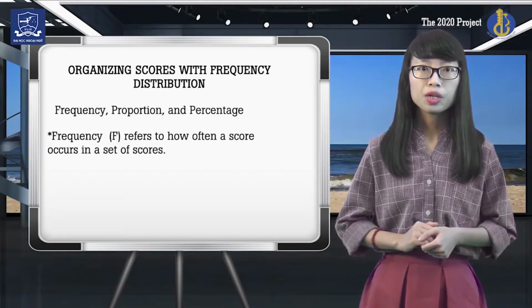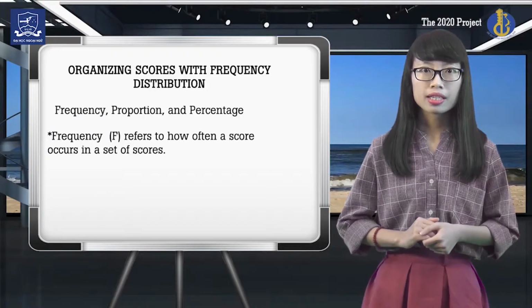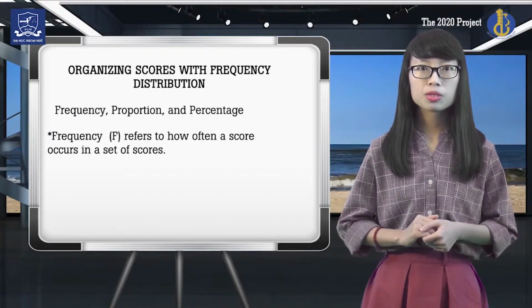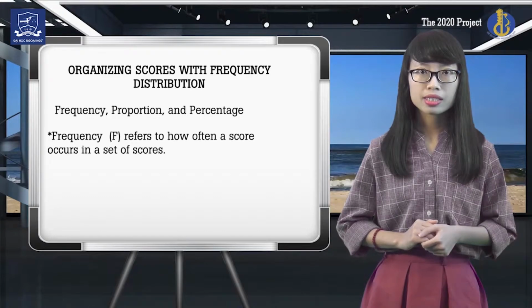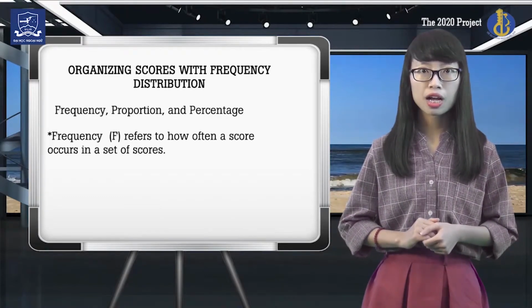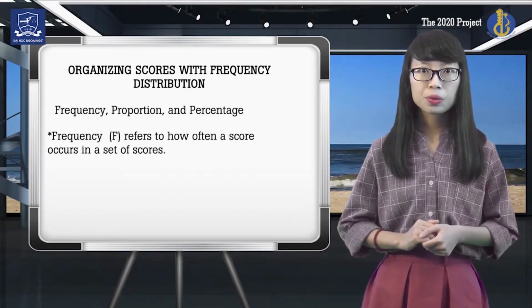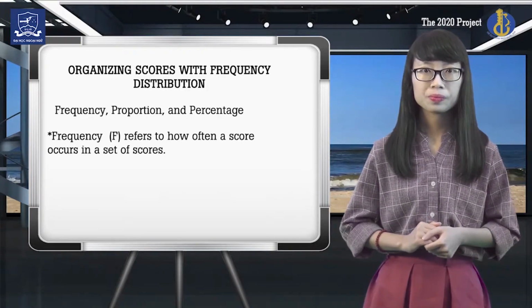For example, if you have 25 students taking a test, after giving them scores, you can calculate how many students get 0, how many of them get 5, how many of them get 8, how many of them get 10, and so on. The result you get is the frequency of the scores.